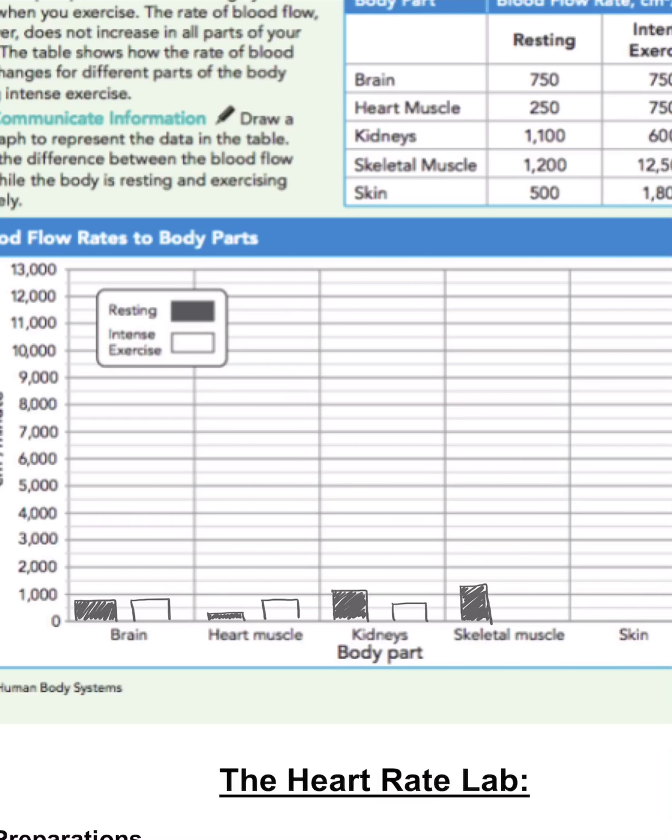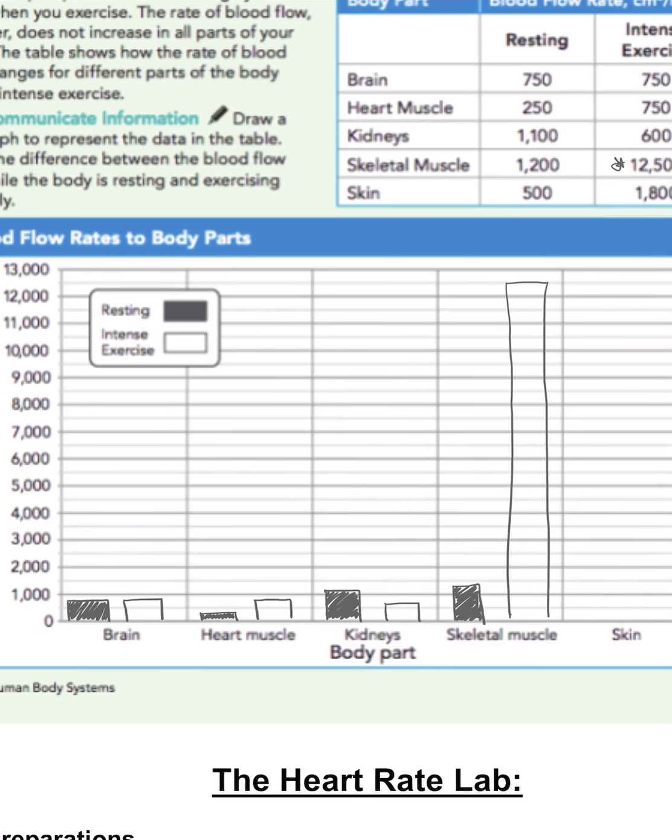And then all the way up to 12,500, so this is a big one. This is going to be all the way to this line. See if I can make my line relatively straight.